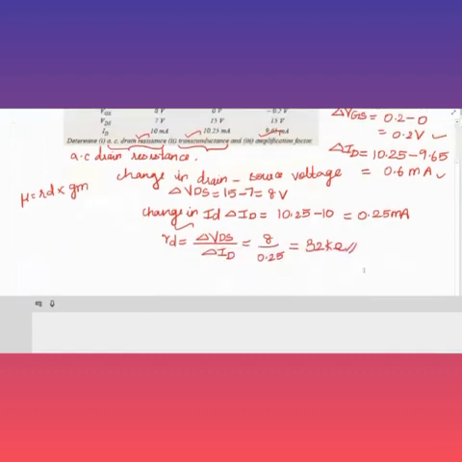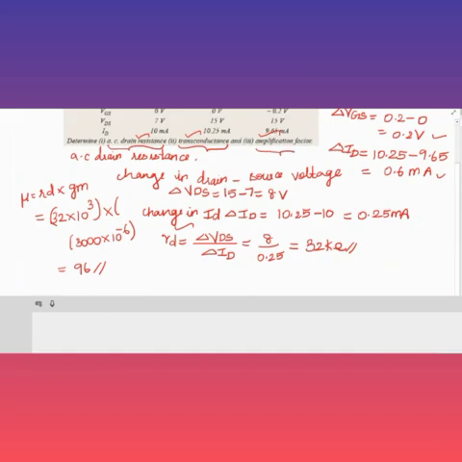My RD value is 32 into 10 to the power 3 ohm, and my GM value is 3000 micromho, that is into 10 to the power minus 6. So when I calculate this, I will be getting my answer as 96. So this will be my amplification factor.